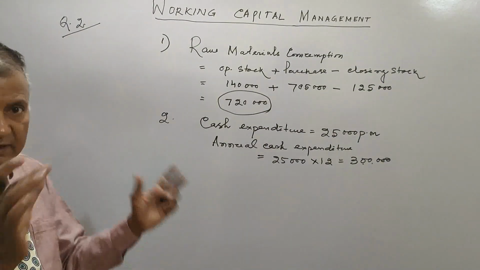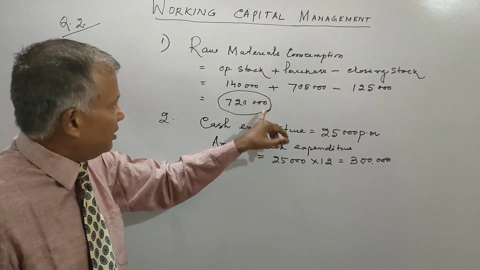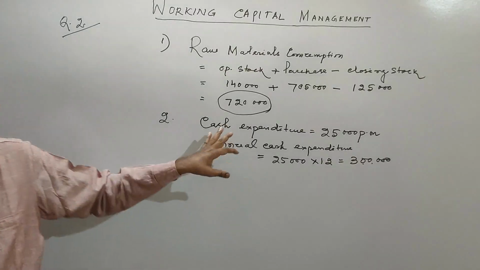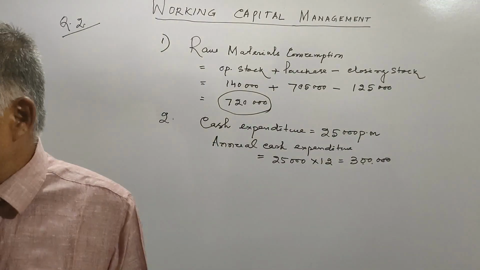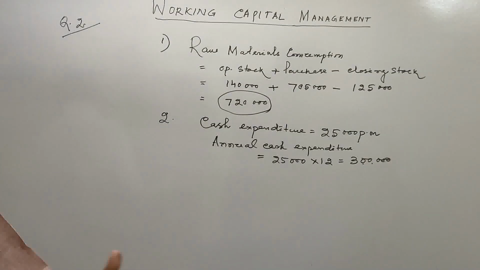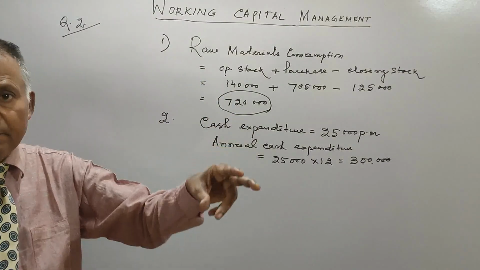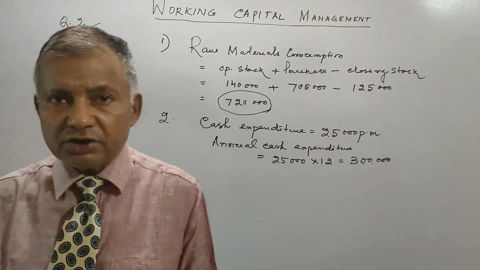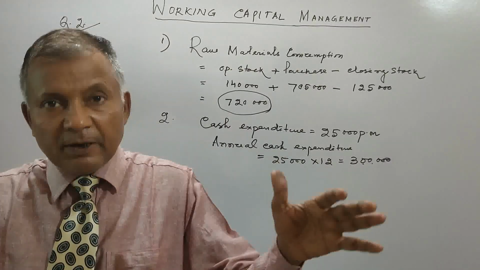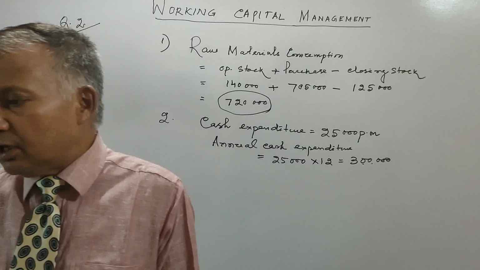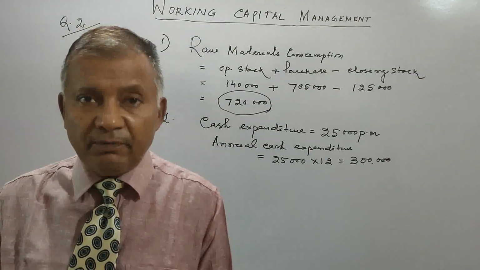So in this problem they have given you the sales. We have found out the raw material consumption, we know the cash expenditure, and they have also given you the cost of production. That means sales minus cost of production, the total cost, will give you the profit. So we will prepare a profit and loss account to find out any missing information.